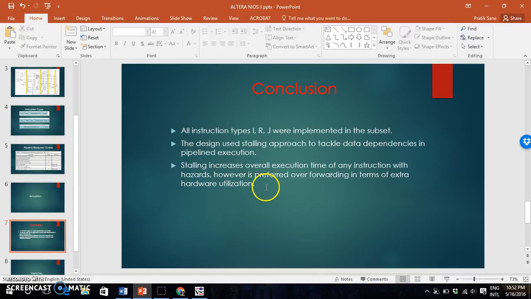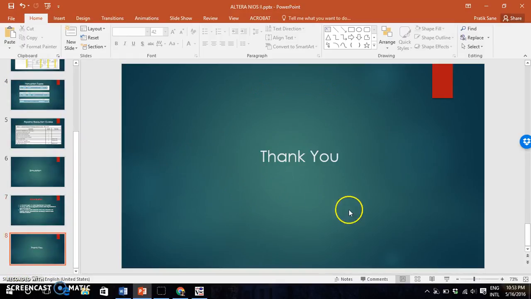Stalling increases overall execution time of any instruction with hazards, but sometimes it's preferred over forwarding because forwarding takes some additional hardware, and the stalling is cheap in terms of gate count.